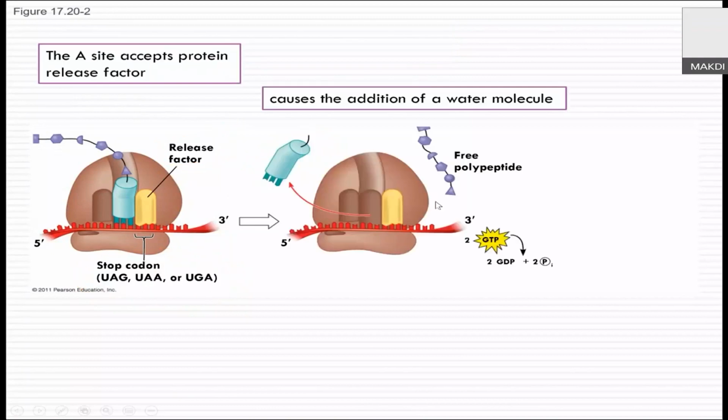So release factor, they can cause addition of water. So water process, hydrolyze kan? Hydrolysis. Jadi bila ada hydrolysis, the polypeptide will be removed from here. Jadi complete. The polypeptide complete.